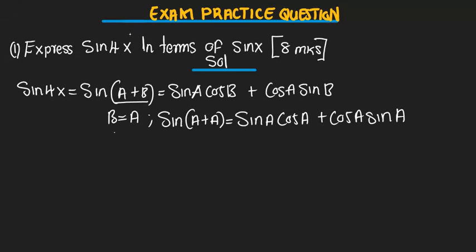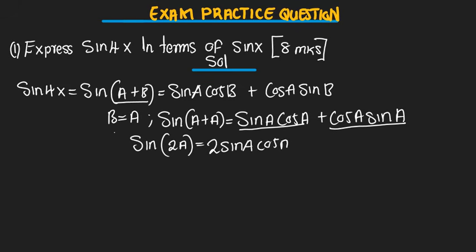Now, if this is the case, this part and this part have actually become the same. They are equal, and that implies that they become like terms. Henceforth, sine of what is a plus a? A plus a is 2a, and that is going to equal 2 sine a cosine a. And this is why you get the double angle: sine 2a is equal to 2 sine a cosine a.